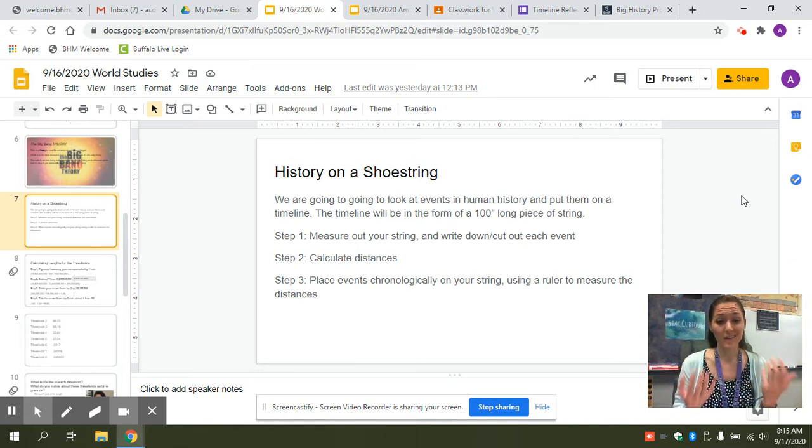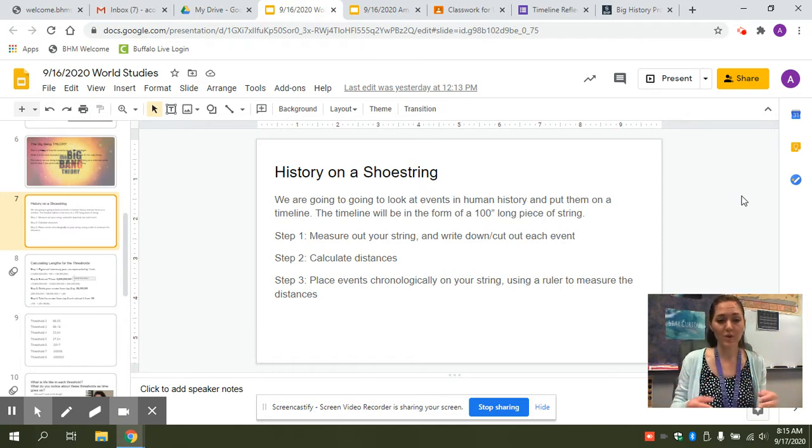In class, we had to calculate those distances, but because I know not everyone is good at math, this is social studies, not math, and you guys are working at home by yourselves doing your distance learning, I just went ahead and calculated those distances for you, so all you're responsible for is measuring out your timeline and placing those events in chronological order.